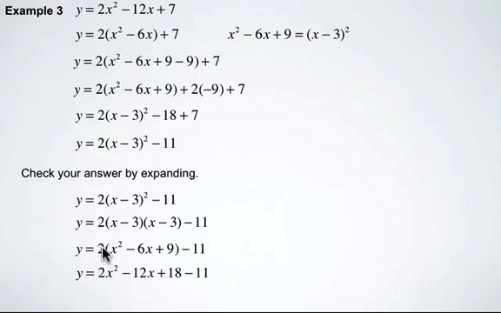We'll then multiply using the distributive law. So we get 2x squared minus 12x plus 18 minus 11. 18 minus 11 is 7. Notice this trinomial is the same as the one that we previously started with. So we know we've done a good job of completing the square and identifying the vertex form.